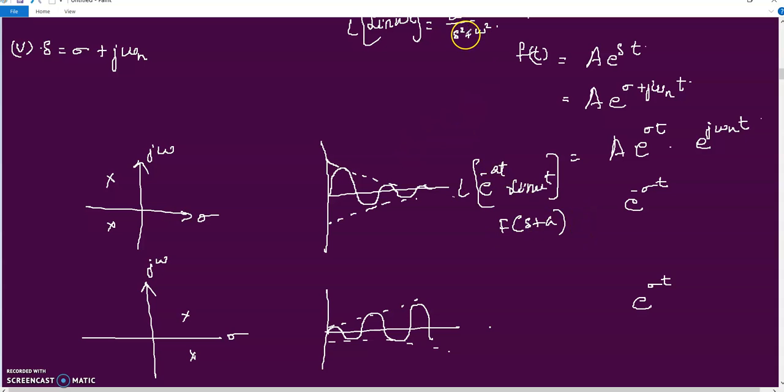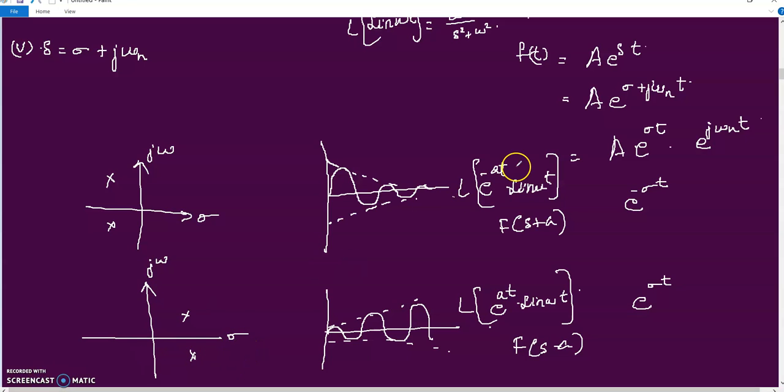So here we have F of s plus a, and we have this function. And here we have e raised to at into sine omega t. The Laplace transform is F of s minus a. And if you check, you can see the s will be like this. The frequency representation will be like this.